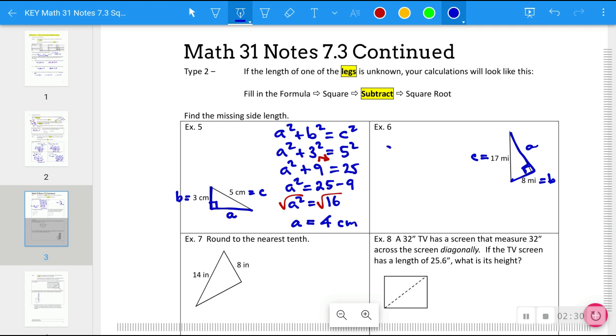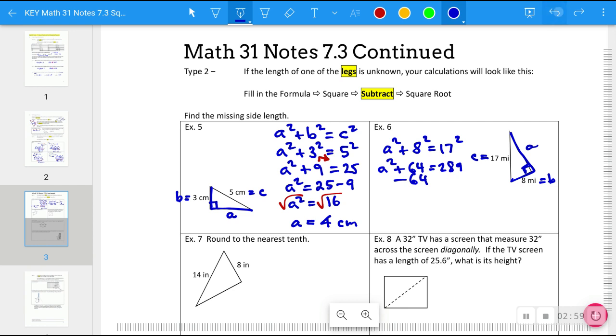Okay, so A squared we don't know, plus B squared, we're going to put an 8 there, equals C squared, so 17 times 17, eventually we're going to put that in. 8 times 8 is 64, and 17 times itself is 289. Okay, now you're maybe used to seeing it written this way, where you subtract 64 from both sides.